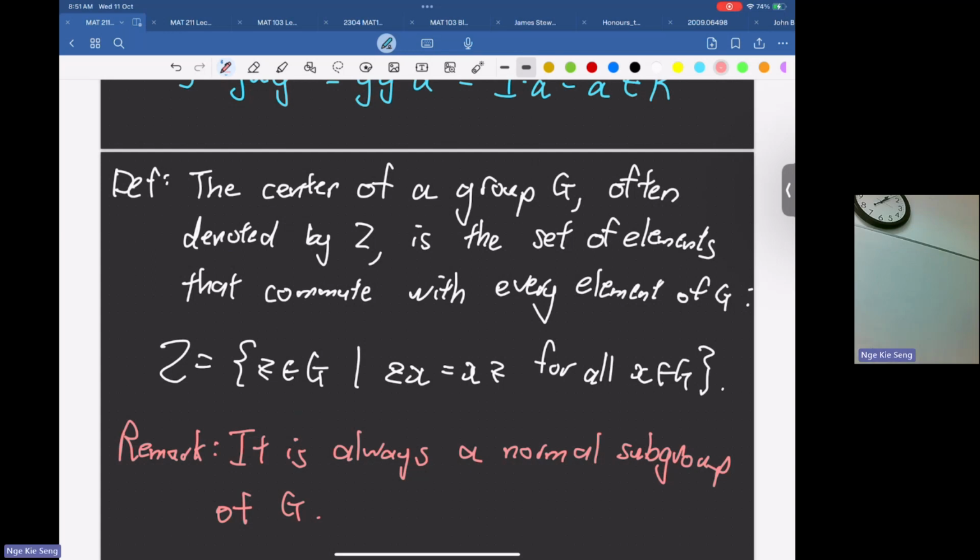It's a very simple idea. How do we use the previous theorem, that any subgroup of an abelian group is normal? So how is this a subgroup of an abelian group?